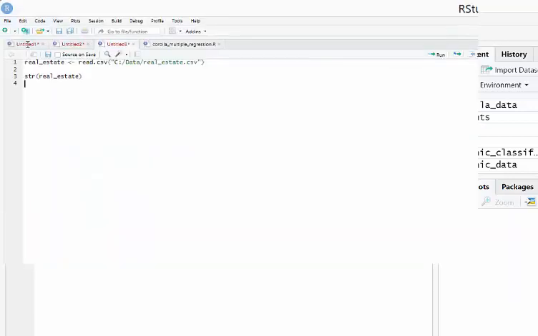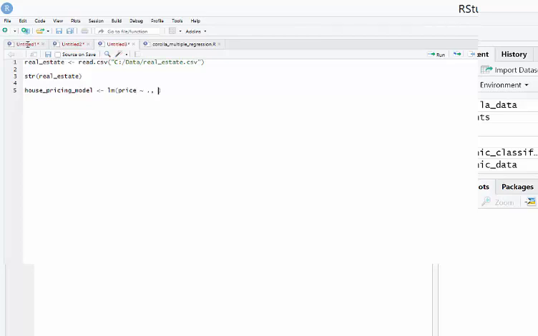Okay, so let's go ahead and do the house pricing model. And of course I'm going to use the function LM, linear model, right? And my target is price.